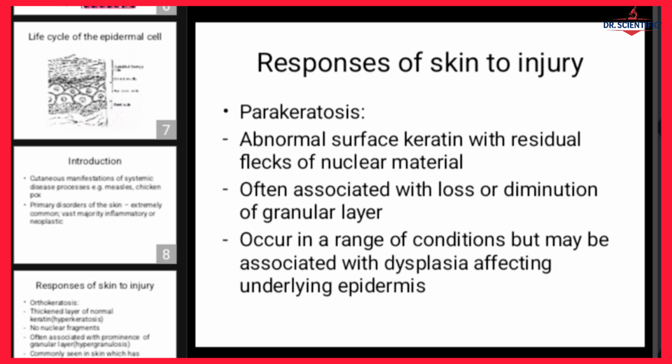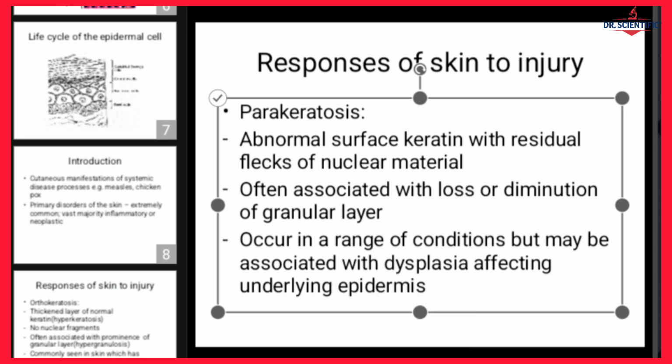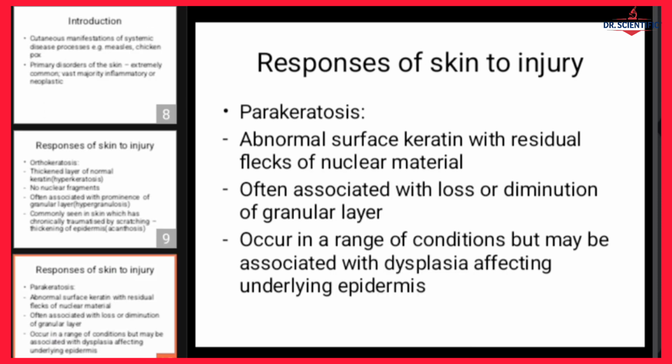It occurs in a range of conditions, but may be associated with dysplasia affecting the underlying epidermis. So it's good in this case to go back and remember what dysplasia was. We defined this in pathology 1, that is last year. Dysplasia, if you don't control it, may go on to become, for example, malignant.